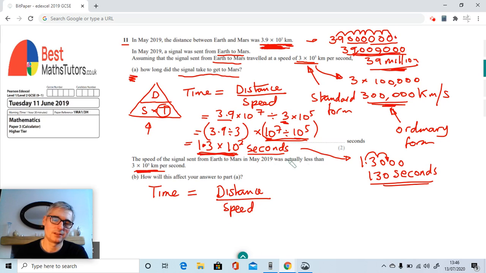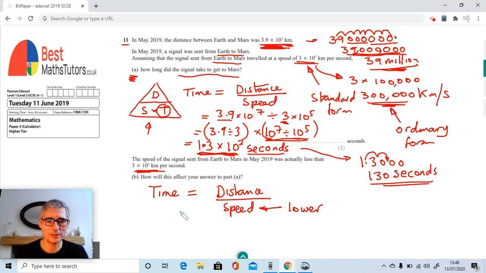Now, if the speed of the signal is actually less, so if the speed reduces, then if we make the bottom part of the fraction lower, so this becomes lower, then the overall value of the fraction becomes bigger.